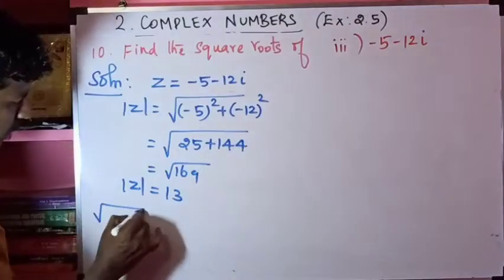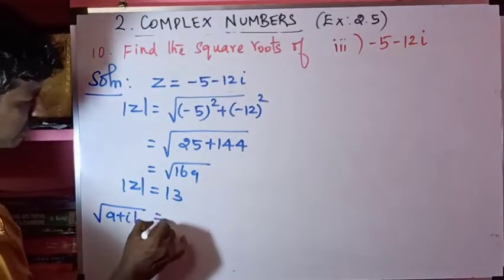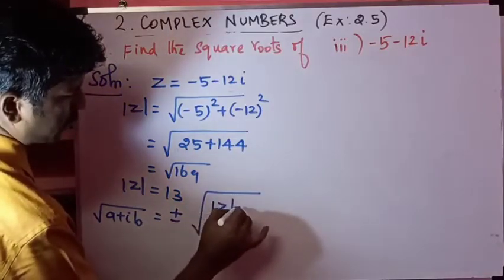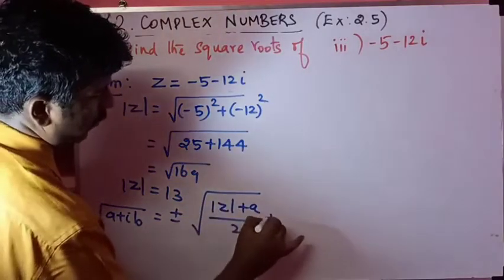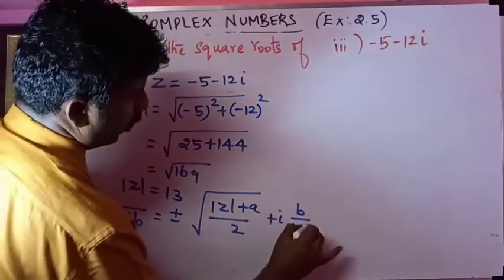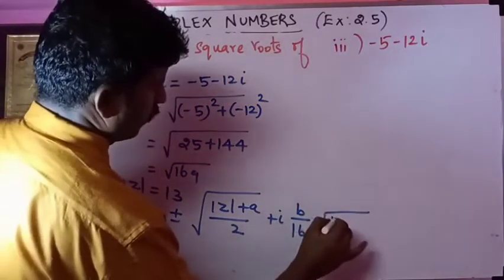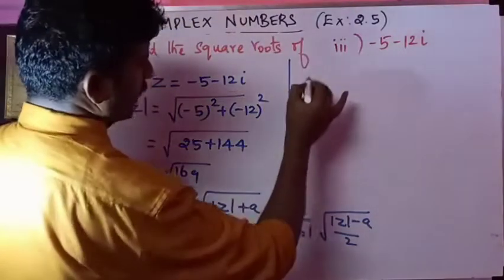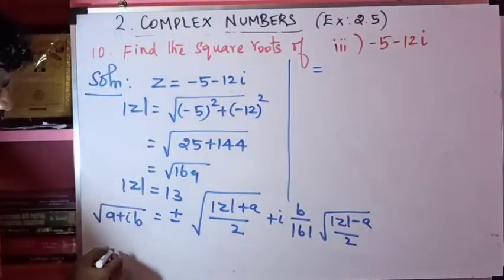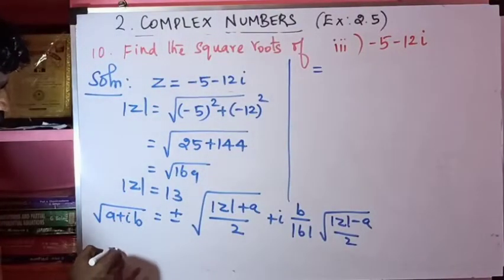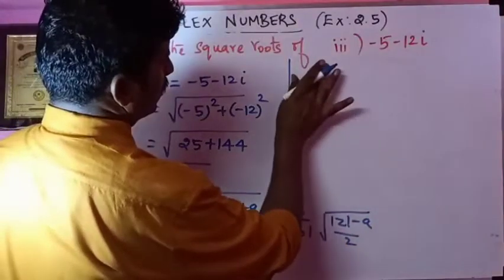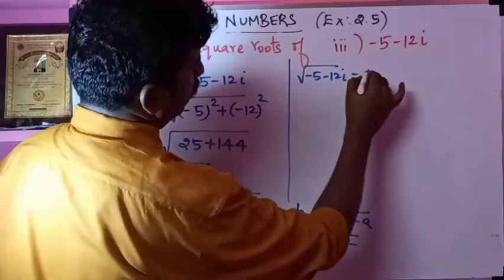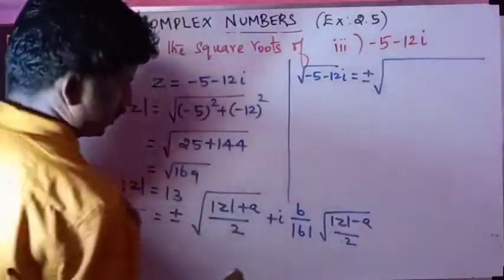The square root formula, root of the a plus ib is equal to plus or minus the root of (modulus z plus a) by 2 plus i, the b by the modulus b, the root of (modulus z minus a) by 2, right? Now this can be written as, so here what is a plus ib means, the root of minus 5 minus 12i, which is equal to plus or minus root, what is here?